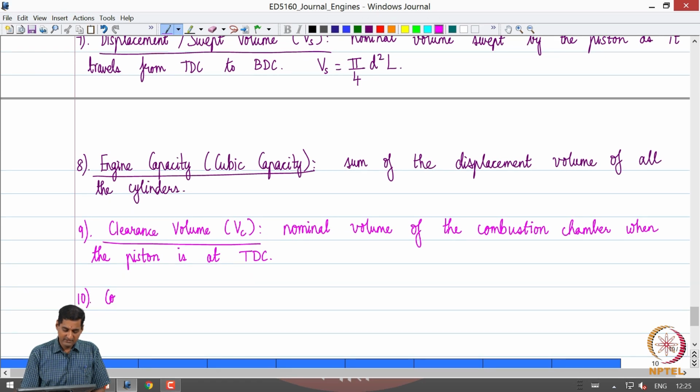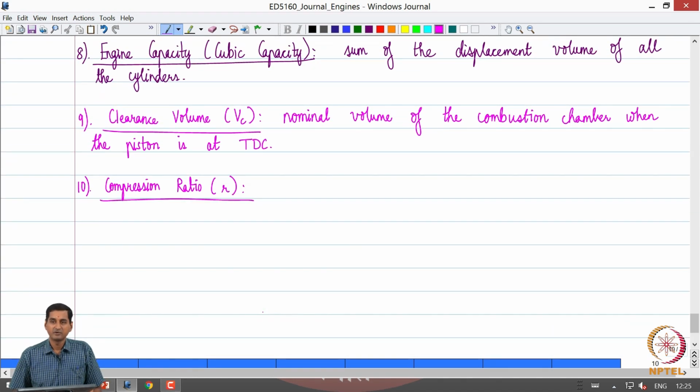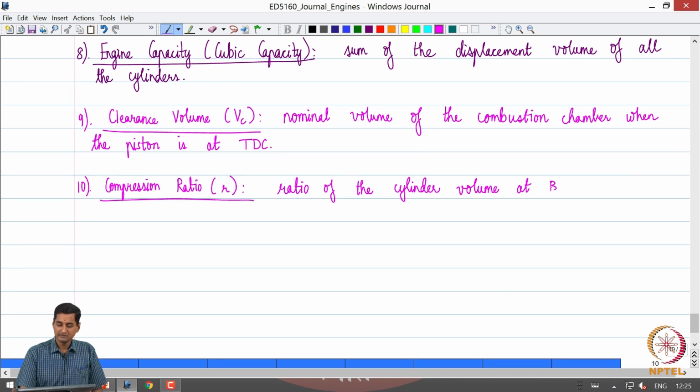Building on this, we define one more parameter which is extremely important for engines, what is called the compression ratio, which is denoted by the symbol R. So, what is the compression ratio? It is nothing but the ratio of the cylinder volume at BDC, which is indicated as V subscript T, to the clearance volume.